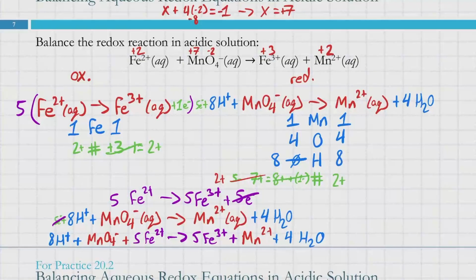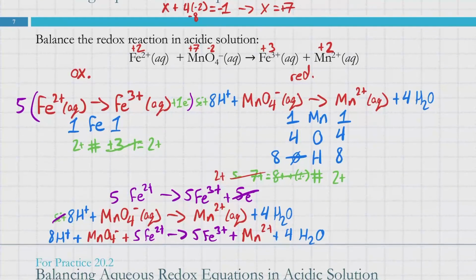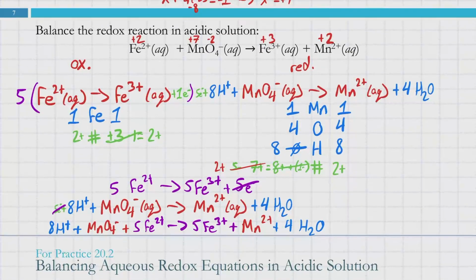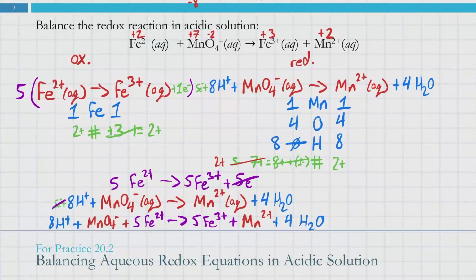And then the last step, which we do want to do because it's redox reactions, we want to check and make sure that everything's balanced on both sides. I'm going to just do that verbally for balancing for mass, and then we'll look at the charge with the numbers written out. So for hydrogen, we've got 8 hydrogens on the left side. On the right side, we've got 4 times 2, which is 8 hydrogens.